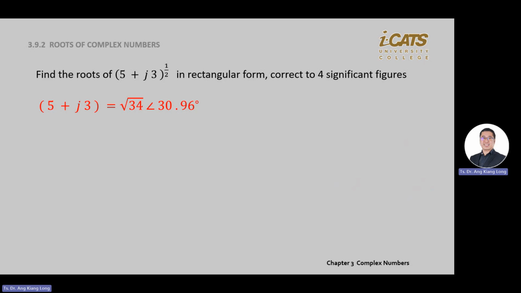You get square root 34. Right? Then the angle will be tangent inverse of y divided by x. You get 30.96. This step I already skipped the calculation. So if this one is in a test or final exam, you need to show me the x squared, y squared, and tangent y divided by x.